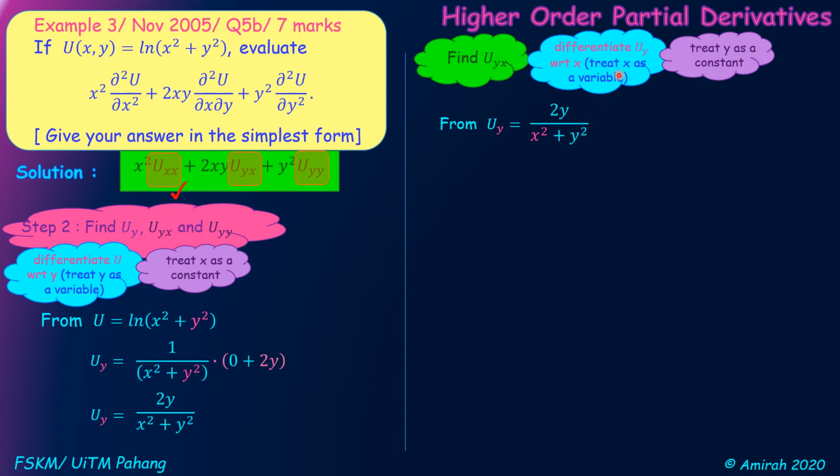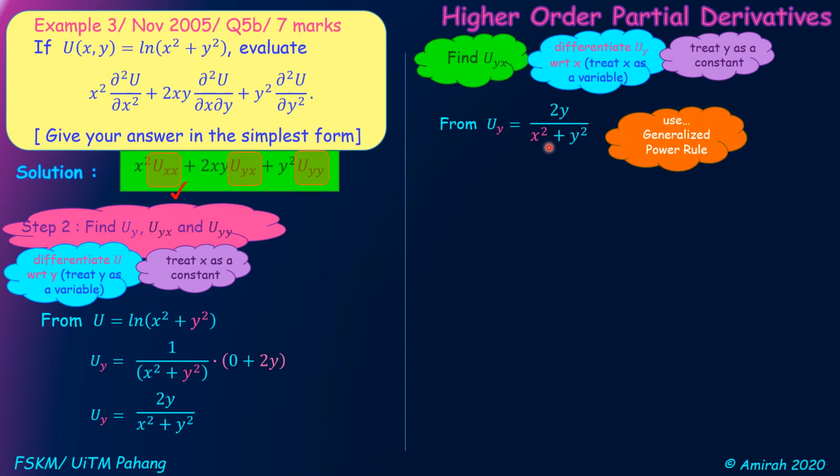Since we treat x as a variable, to avoid error and make it easy to differentiate, we can mark variable x in a different color. From here, we only have variable x in the denominator, so there is no need to use the quotient rule. We still can use the quotient rule, but the method is quite long.